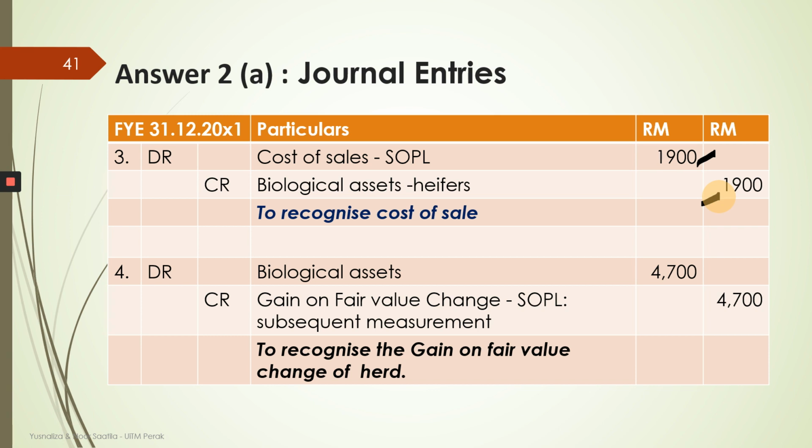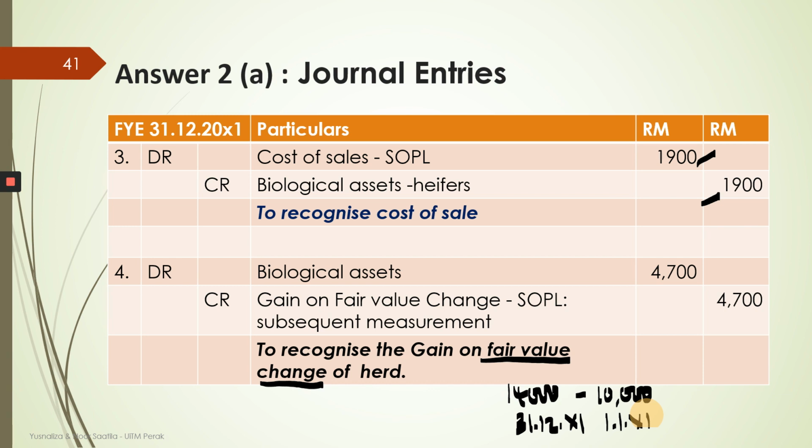And now we are looking at the gain or loss on the fair value change of the livestock, which is the herd. And if you look at the figure given, you are given 14,000 to be the one at the end of the year, meaning as at 31st of December, X1. The one at the beginning of the year was 10,000. This is from the biological asset account.